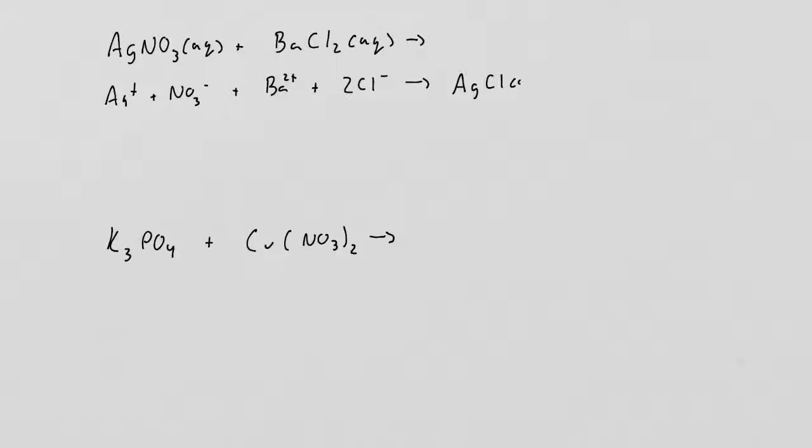AgCl is going to precipitate out as a solid, and the barium ions and the nitrate ions are going to sit around, and what we end up getting is an equation.